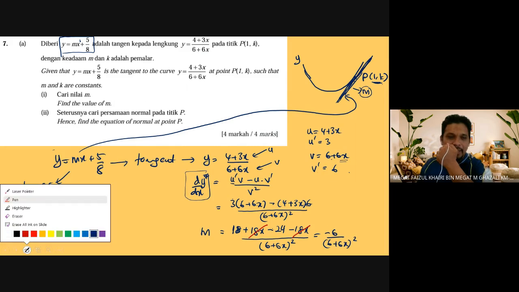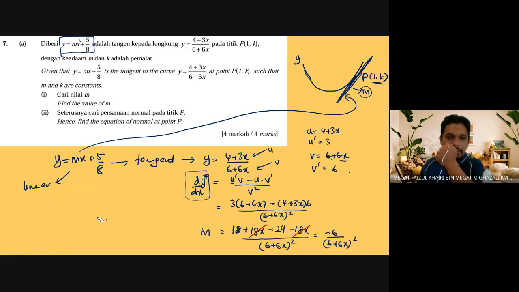So now, point P, given that y equals this is tangent to the curve at the point P(1, k), such that m and k are constant, find the value of m. Right now, this is the gradient, and the line passes through one of the points, which is P(1, k). So P(x, y) here is 1 and k.